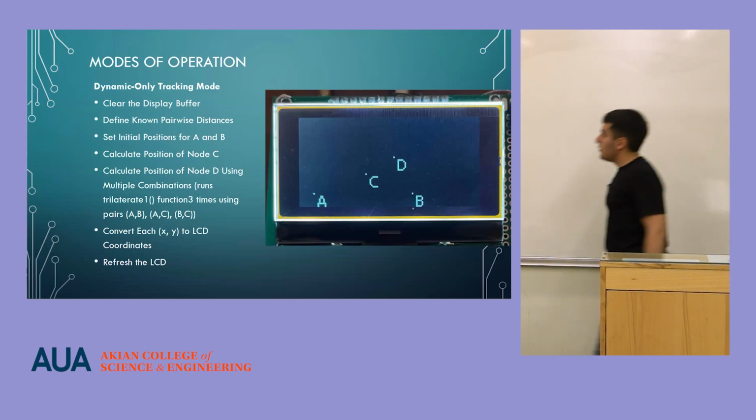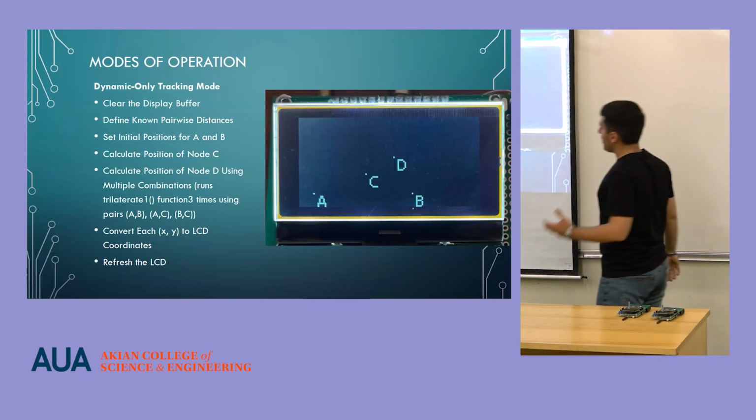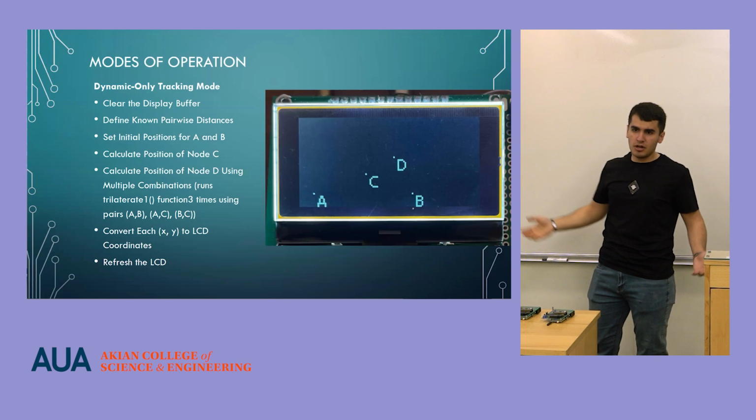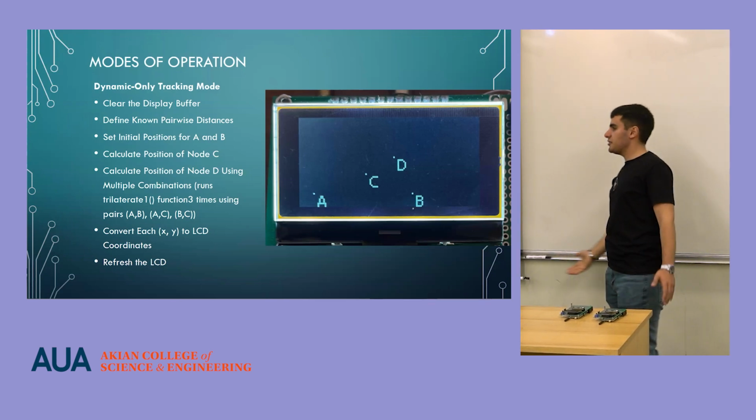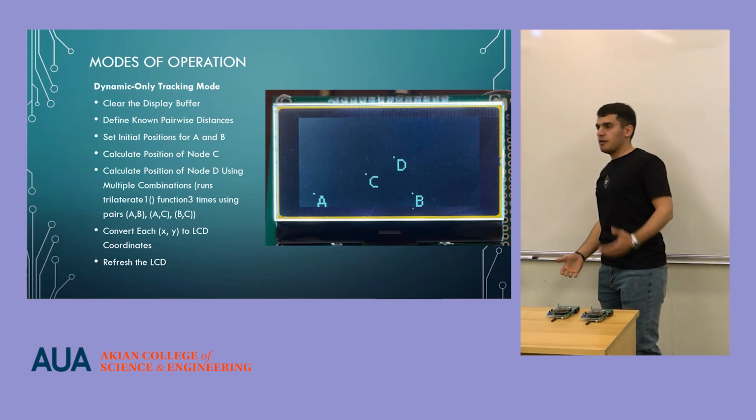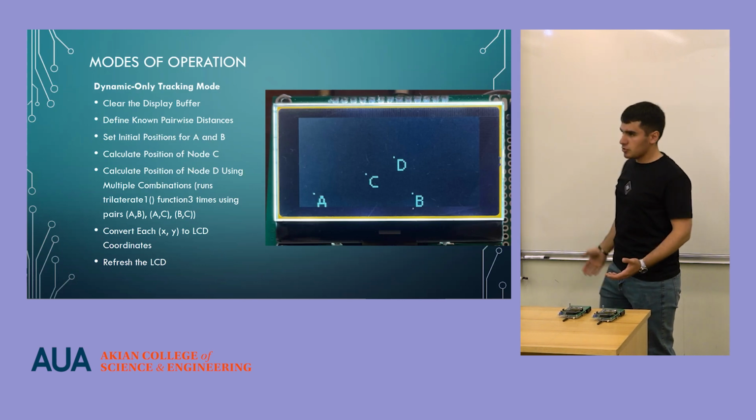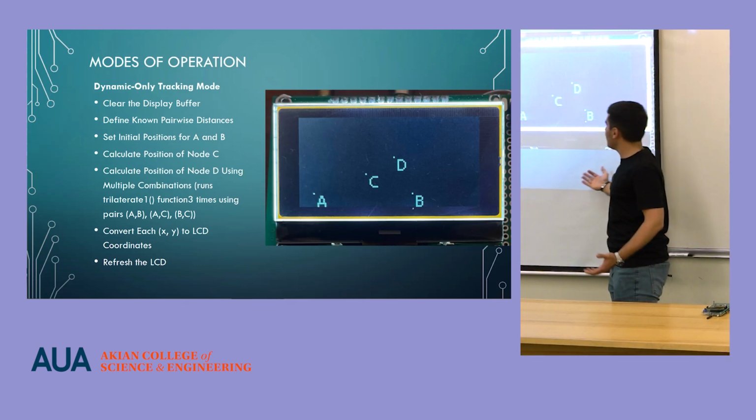Now the second mode of operation. Since this is a military application, we know that not in all environments can static nodes exist. So we have to deal with only dynamic nodes. Let's assume that we have dynamic nodes only.